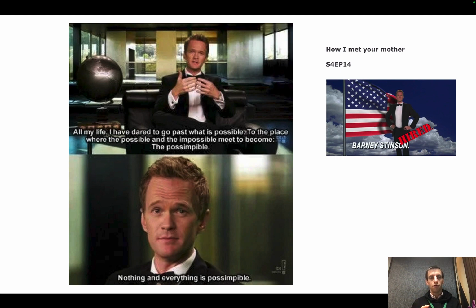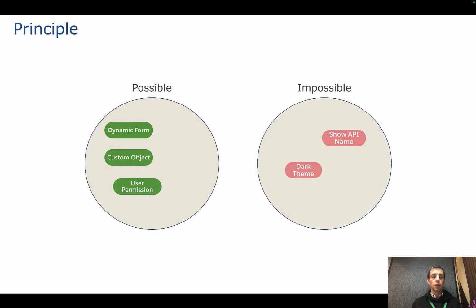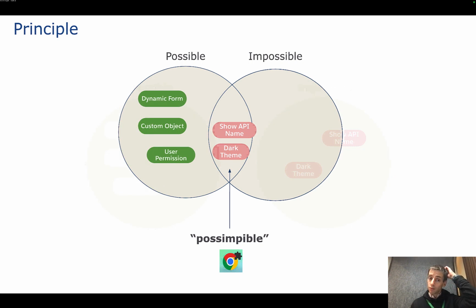So I put this reference here, but this is a bit the principle I try to apply within Salesforce. On one hand you have the possible, on the other hand you have the impossible. What Barney would call the new possible is when you put the impossible into the possible to create this new dimension. That's fairly interesting as a principle. I try to apply that.